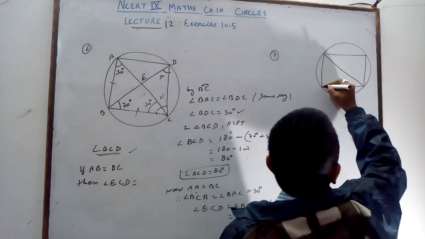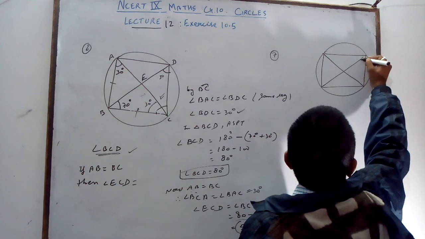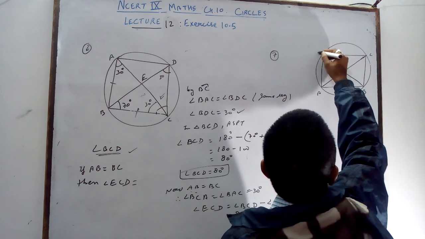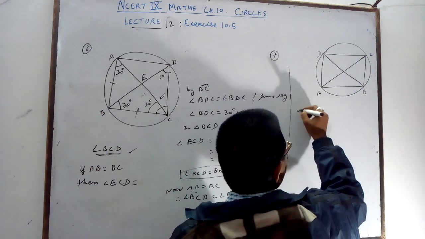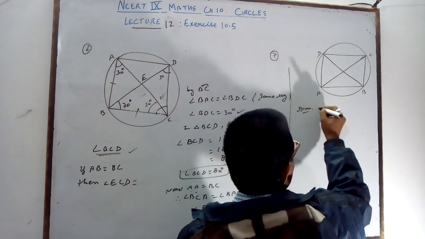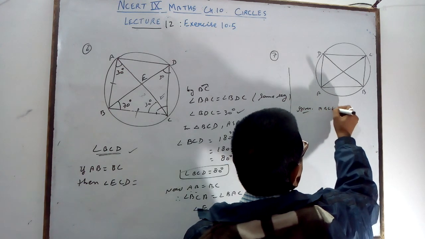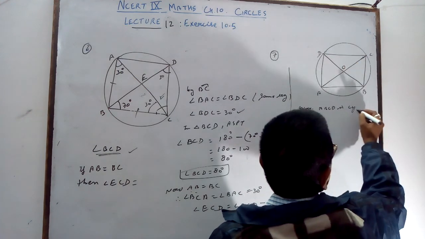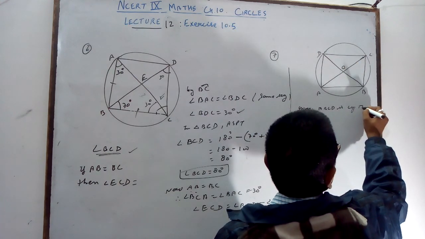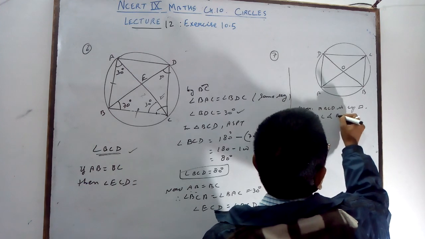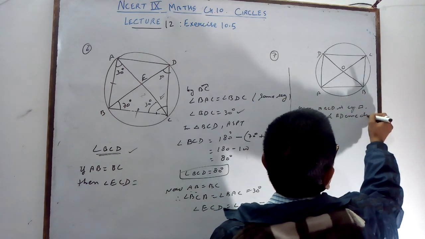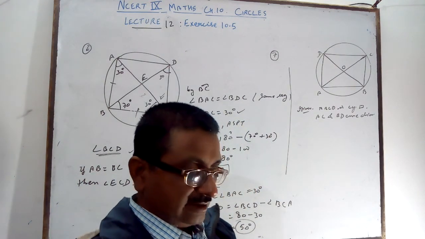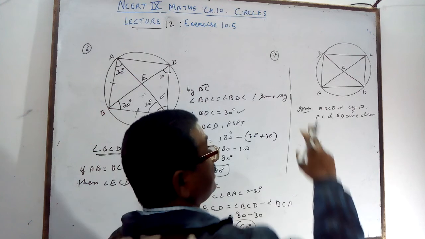ABCD is a cyclic quadrilateral. Cyclic quadrilateral means all the vertices lie on the circle. It is given that ABCD is a cyclic quadrilateral, and AC and BD are diameters.